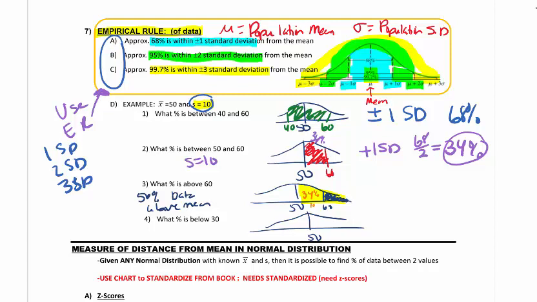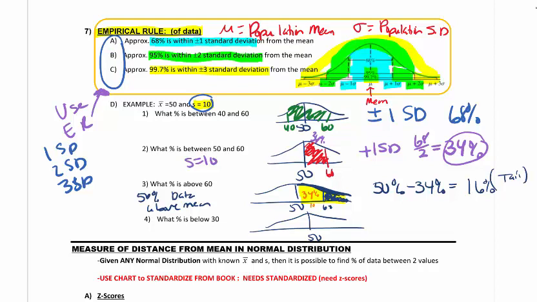So this whole piece that I have highlighted in yellow is 50%. I do not want to include that part that is between 50 and 60, so that's 34% that I'm going to subtract off. And so I get 16% is in the tail. I call it the tail because it's the end piece, and that's a piece you've got to be careful on when you're doing these problems. So we're always going to know 50% is above and below. And then we can use the ideas of 1 standard deviation, 2 standard deviations, 3 standard deviations if they're asking us to use the empirical rule.